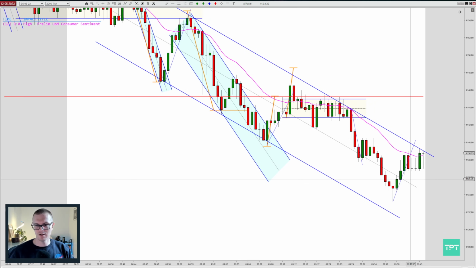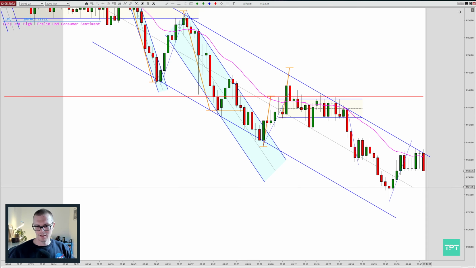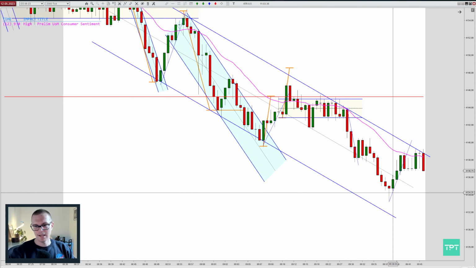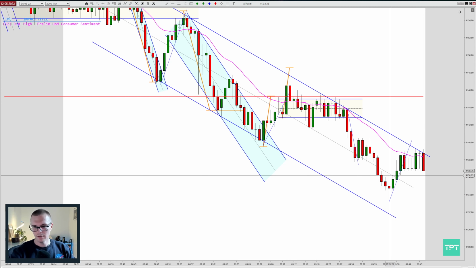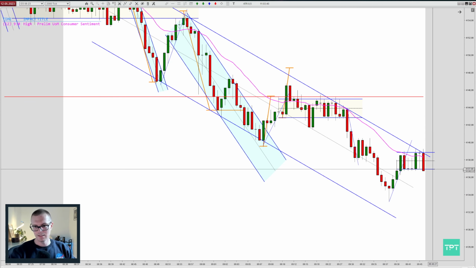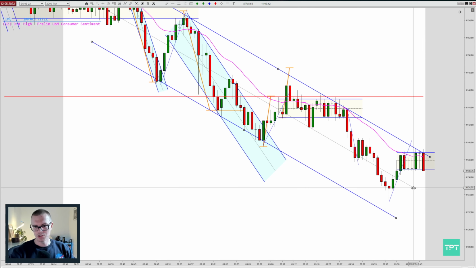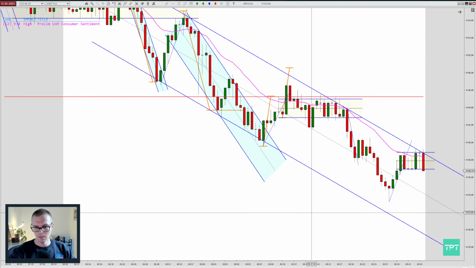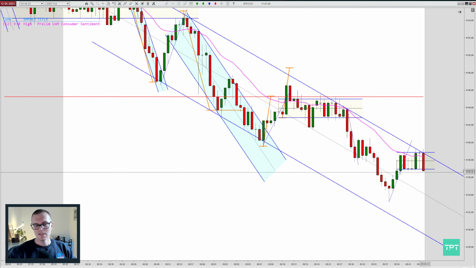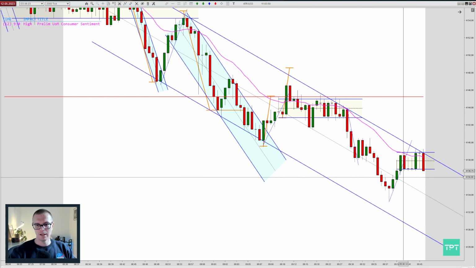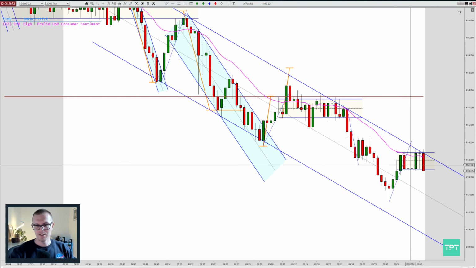This is congestion, and this is a second entry short here, but this is in pure congestion here. You must notice that this strong bear bar is pretty much engulfing all the bars here before.